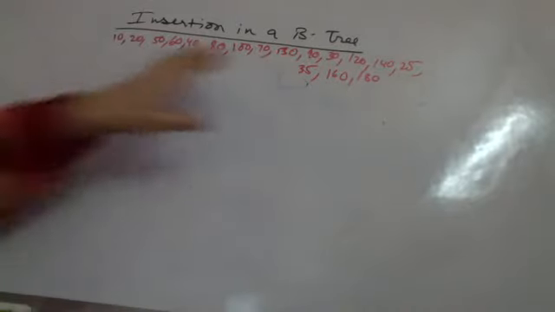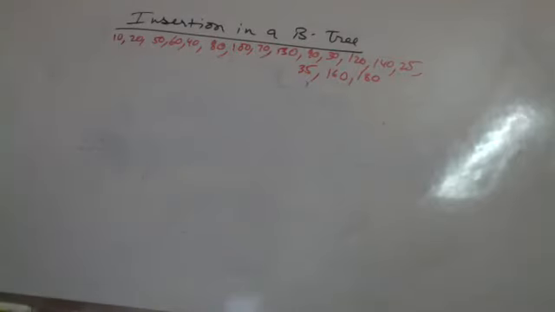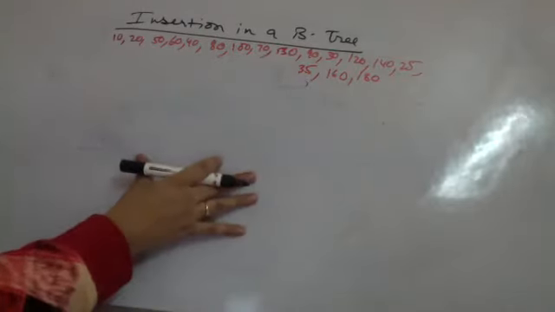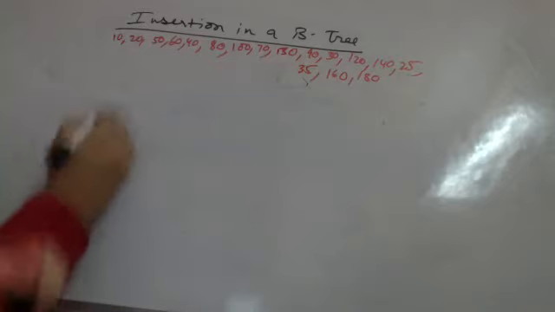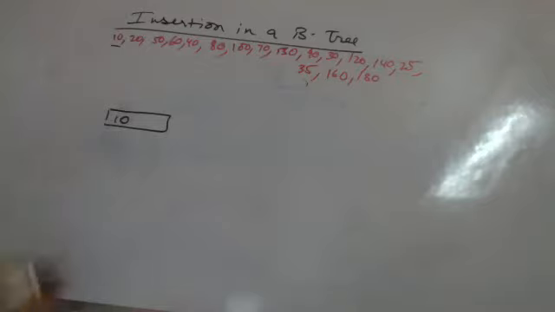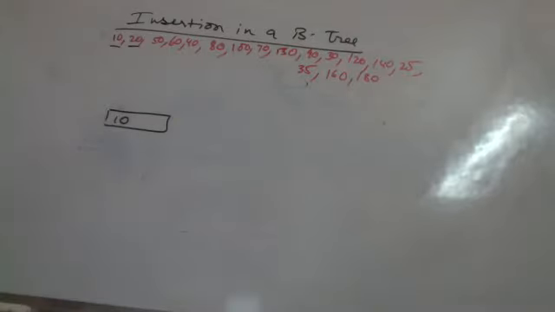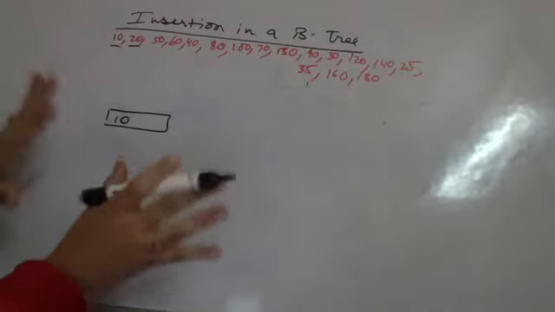So to create a B tree and follow the insertion rules, we will begin with the root node. It's an empty tree right now. So when it is an empty tree, 10 becomes a node. Then I have to insert 20. 20 is greater than 10. Now this has to be inserted in a tree of order 5.